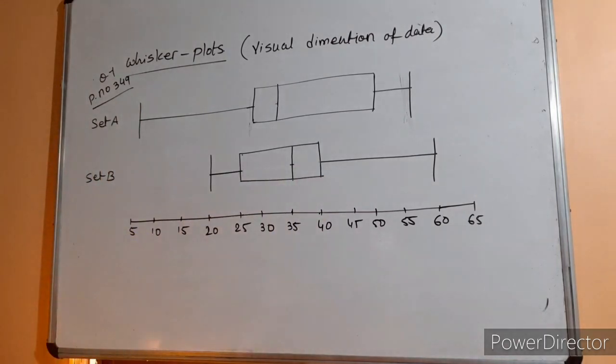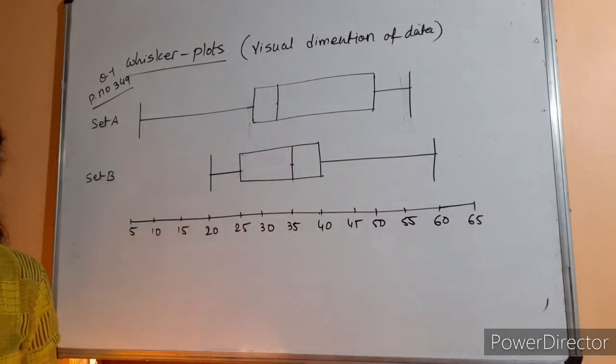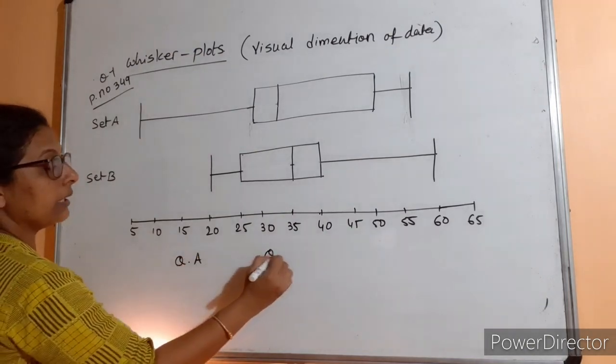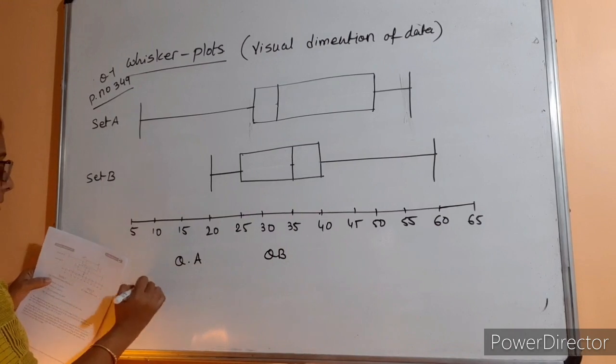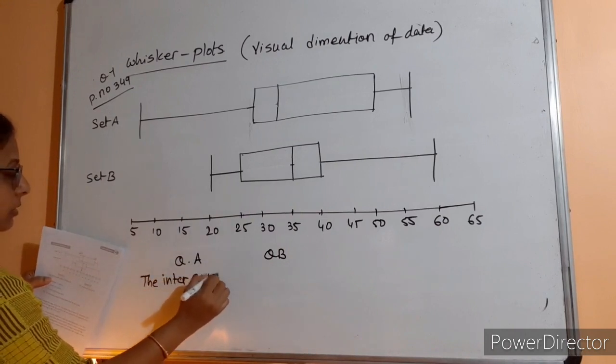This is for data set 2. So two whisker plots are given on the same graph paper. Now we want to compare quantity A and quantity B. So here is the interquartile range.